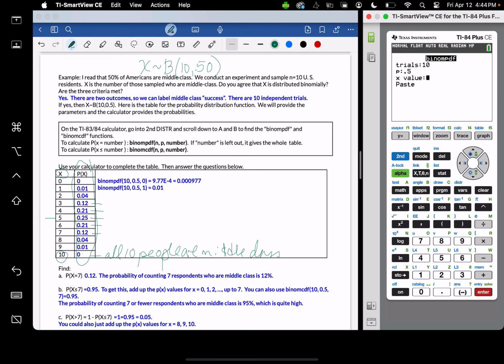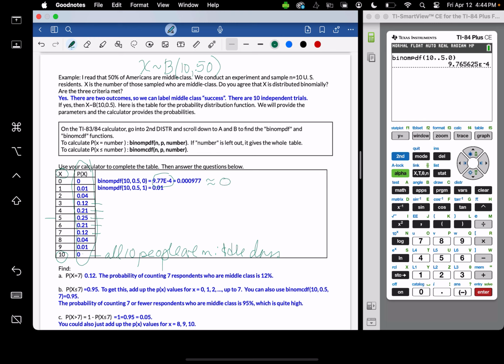And then what I'm going to do is repeatedly do this to get every single decimal. So the first time I'm going to put in X equals 0, and it's going to give me 0. Enter, enter, enter. Now that's not 0. What that is is 9.77 E-4, which means 0.000977, and so that is approximately 0.